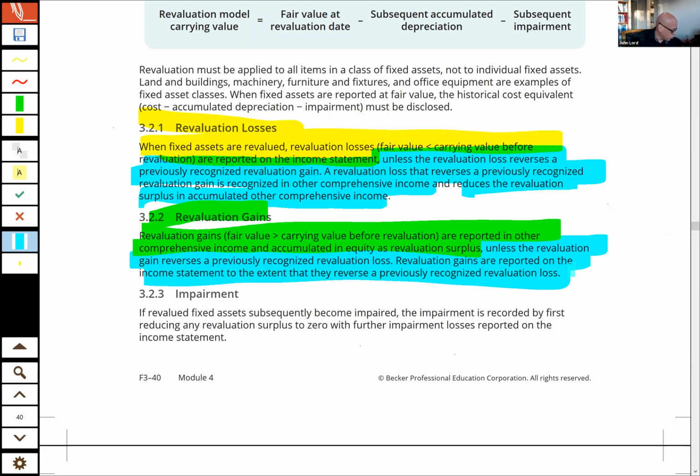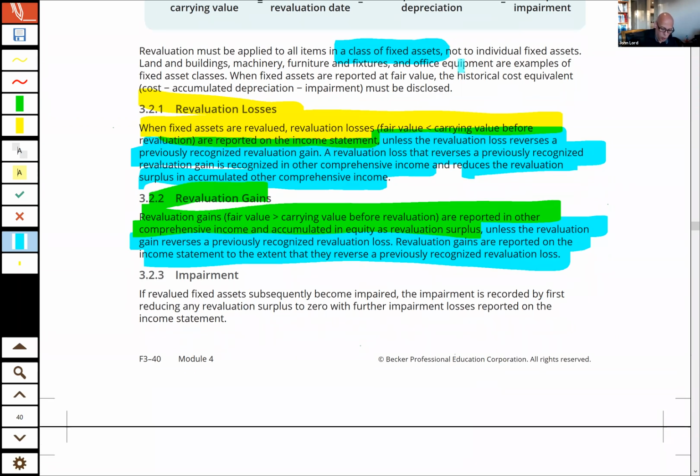Now, when we do these calculations, we have to do the calculation by class of fixed assets. So you would do it separately for property, separately for plant, separately for equipment. Again, this is IFRS only.